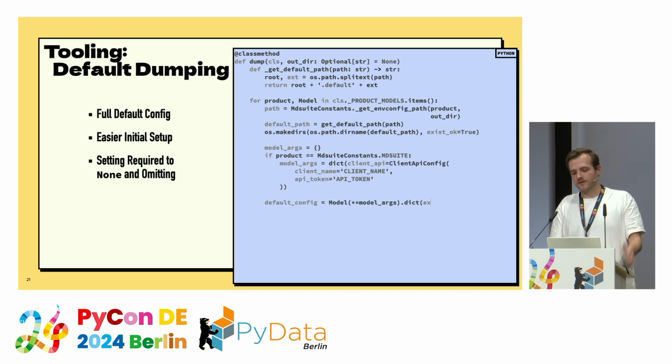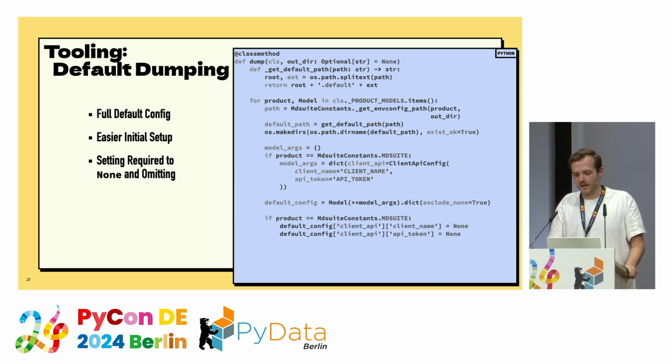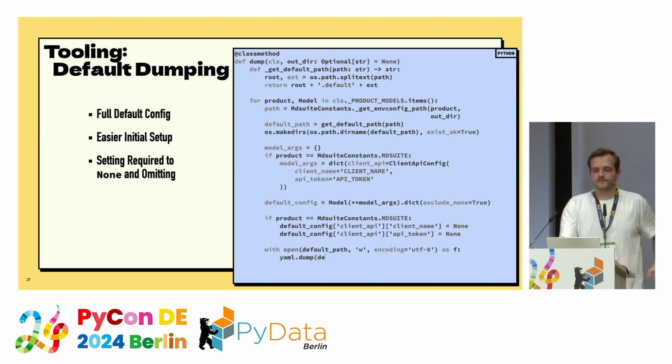So I render this into a dictionary, and then I go back and supply null values again. When I write it to disk, it will not be a valid file, but it will include all of the defaults. Here I'm using just YAML dump to write it down.